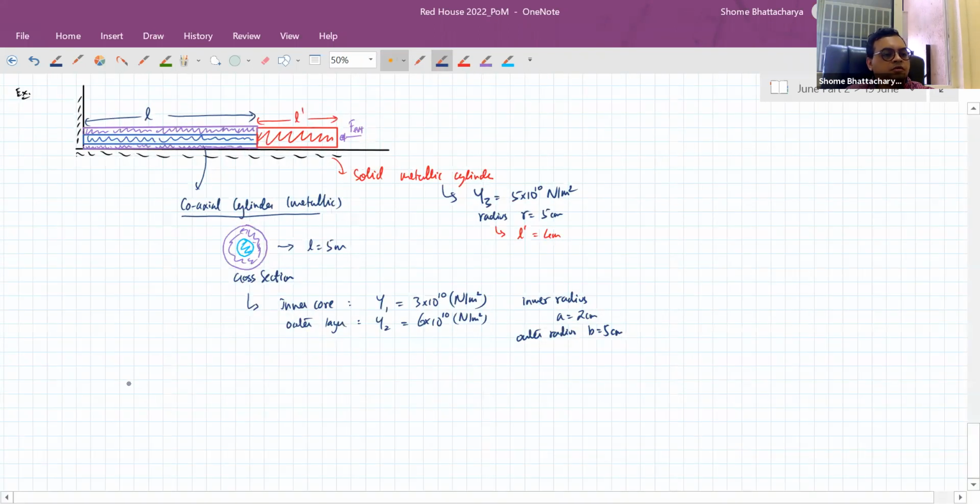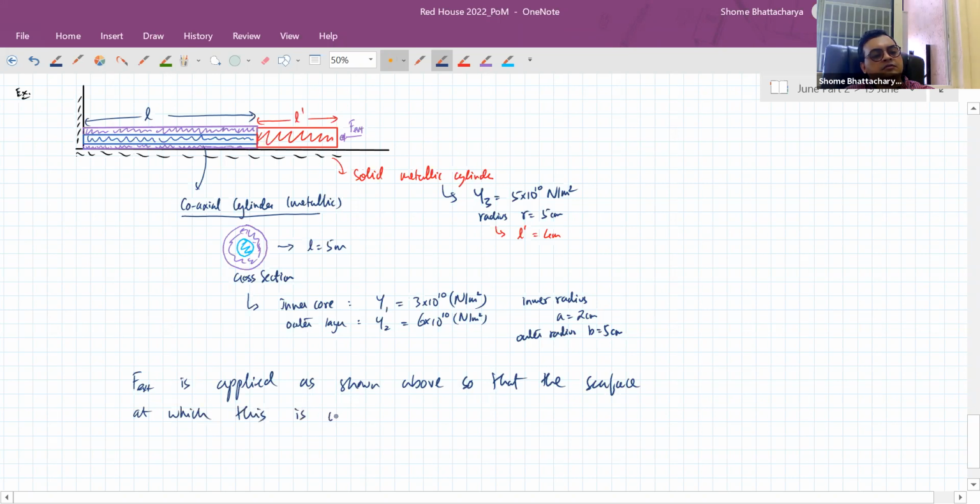So F external is applied as shown above, so that the surface at which this is applied displaces by S equal to, let's say, 1.8 centimeters to the left.